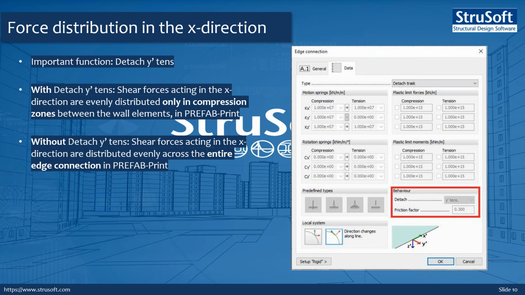So any tension should be taken in tensile anchors instead. To make sure this works properly, we use the detach function as shown, and I will show that live as well.